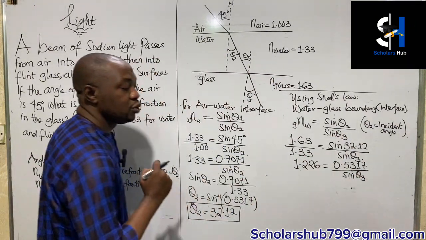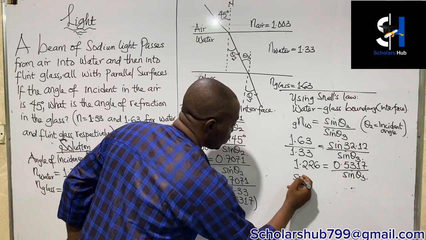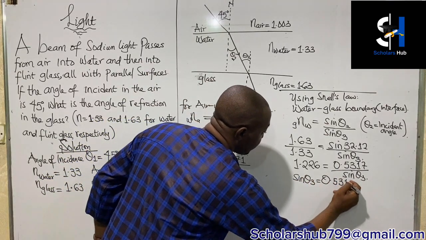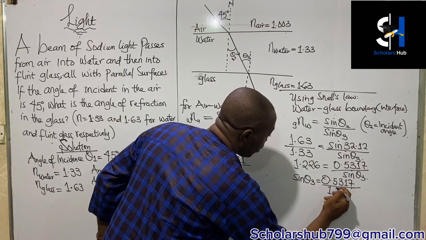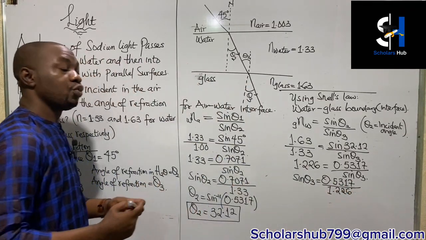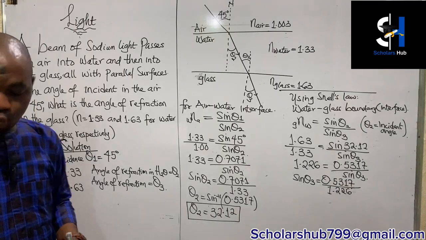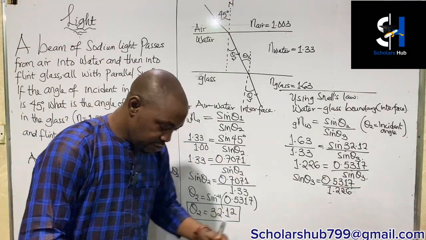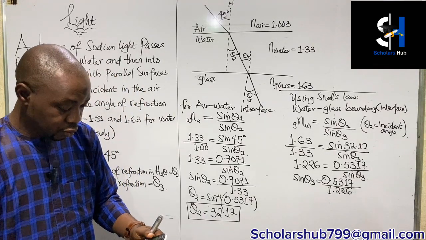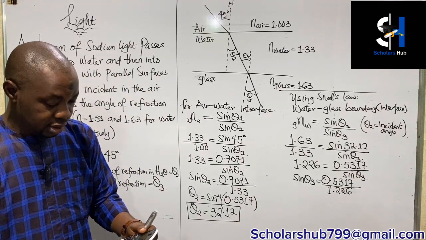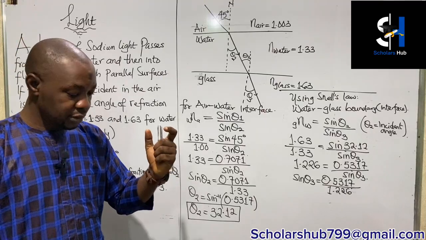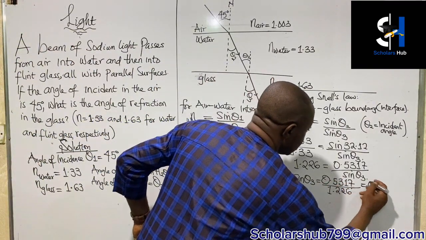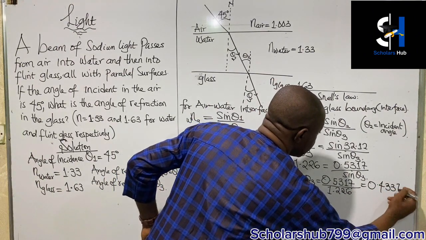To obtain the value of the third angle, sine theta 3 will be 0.5317 over 1.226, when we rearrange the equation. Dividing these gives 0.4337.